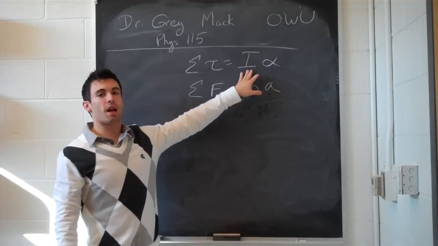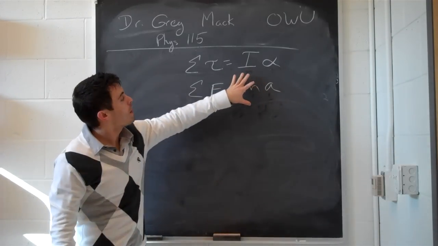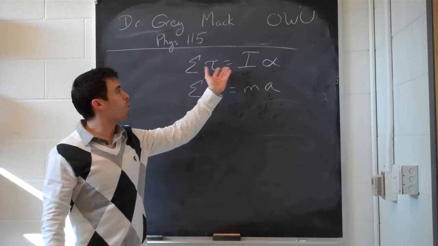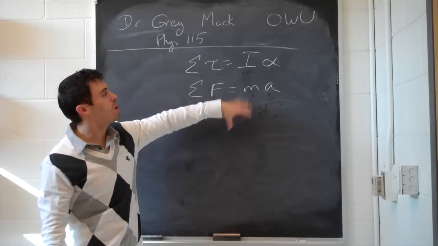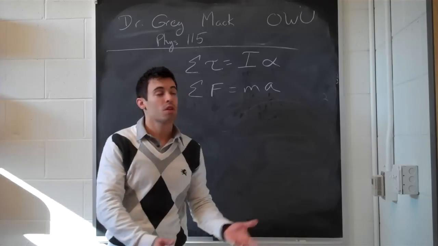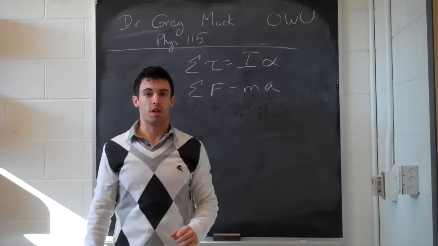Just like something that has a higher moment of inertia is going to have a larger resistance to motion for any given torque. So that is the quantity that quantifies the resistance to the change in motion. For this, the change in linear velocity. For this, the change in angular velocity.